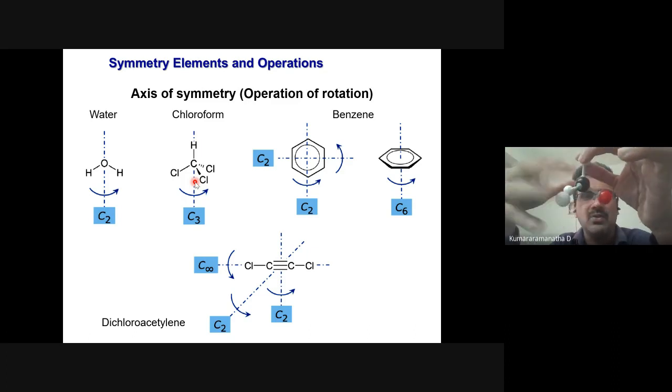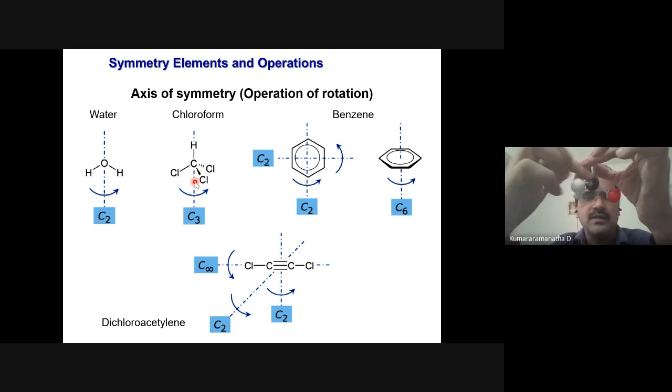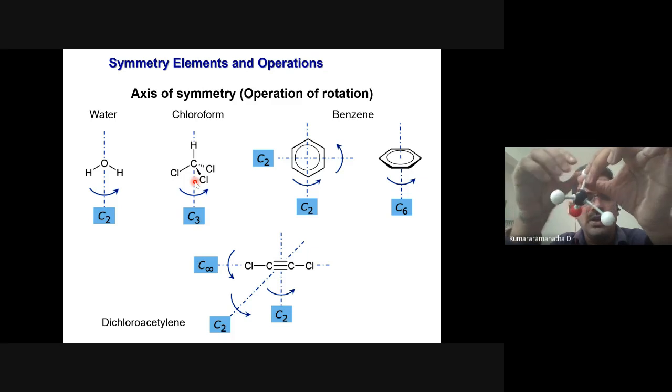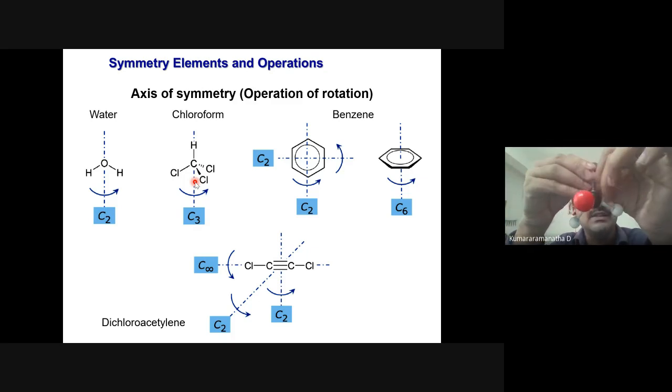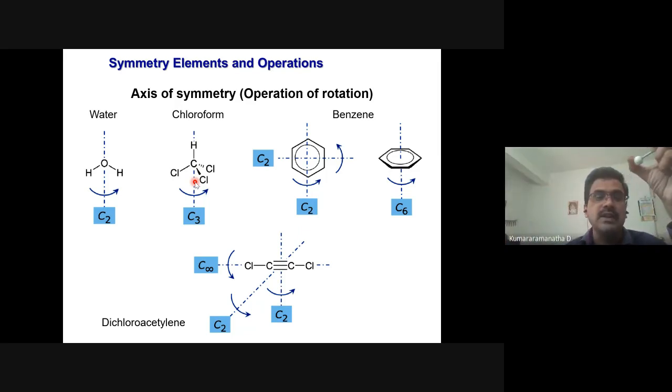Assume that these are all chlorines also. Now, because these three form a triangle, if you do a 120-degree rotation, which makes all the chlorine atoms the same, so it is C3.